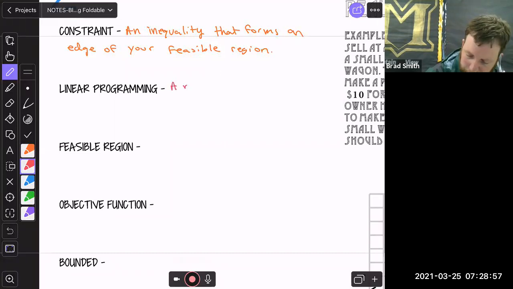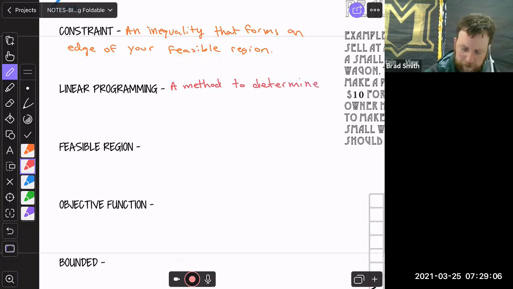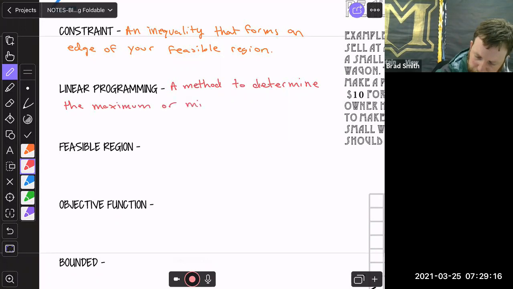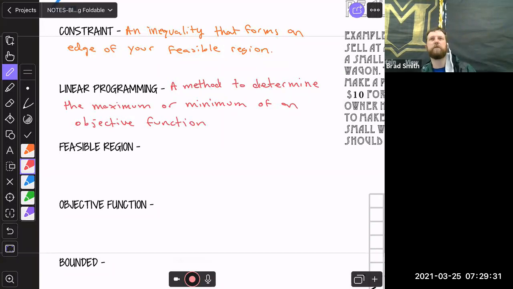Linear programming is a method to determine the maximum or minimum of an objective function.